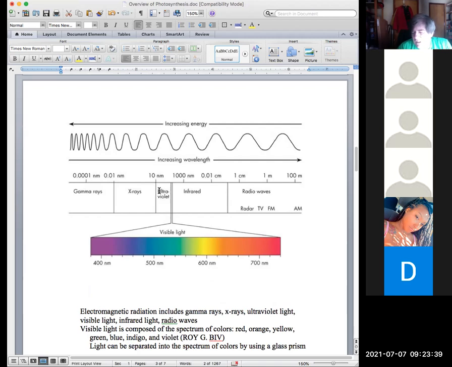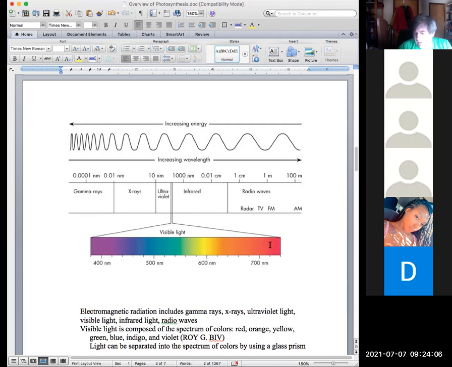And we can't see ultraviolet light, but there are some animals, like most bees and a lot of other insects, that can actually see ultraviolet light. Then there's visible light. And visible light gets its name because this is basically the part of the electromagnetic spectrum that we can see. Notice it's not what all animals can see. Remember, I just mentioned bees.